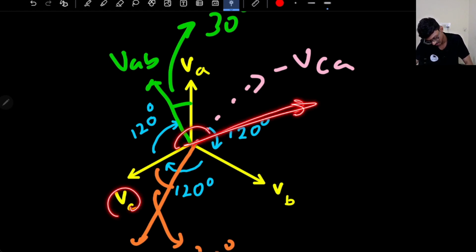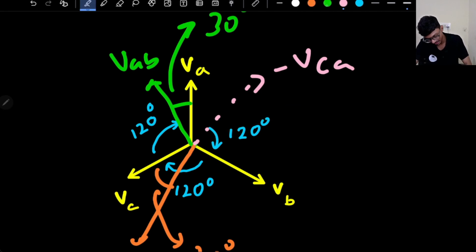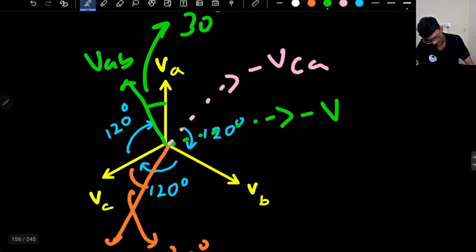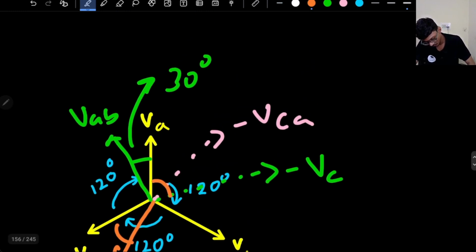So this overall thing is 180 and this is 120. So this will be 60 basically. This whole thing will be 60. So if I write here minus of VC, I can directly say that this angle will be 60.